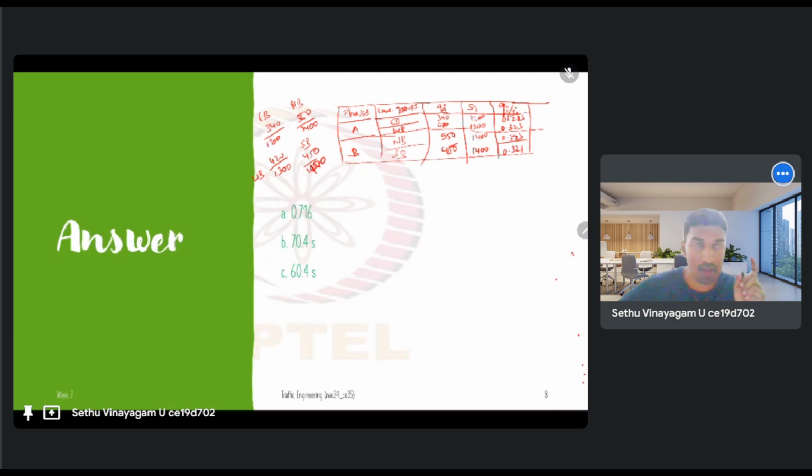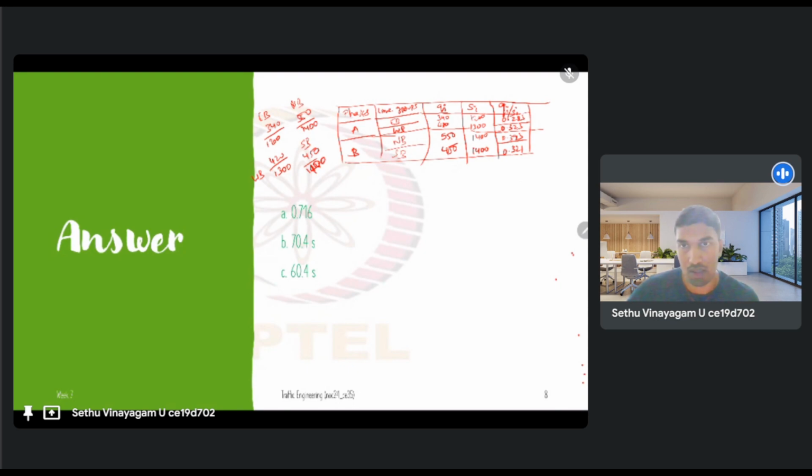YA is not the sum of all these four values. YA is the sum of these flow ratios for the critical lanes. The critical lanes have to be calculated for each phase separately. For phase A, we have two flow ratios, one for the eastbound and another for the westbound.